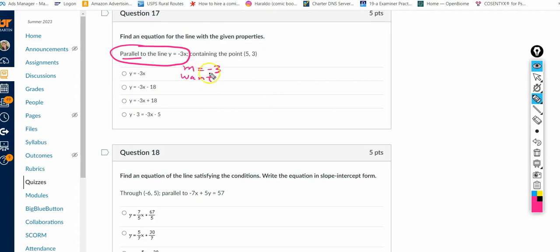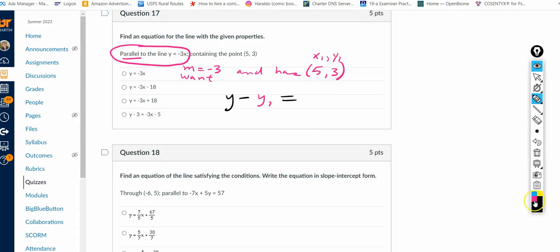So we want the slope to be equal to -3, and it contains this point. Okay, so I'm going to call this x1, y1. And so now I can use the point slope form, which is y minus y1 is equal to, so this is a formula.